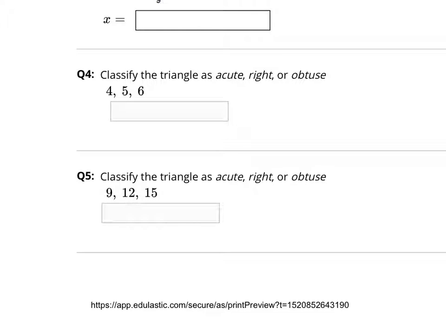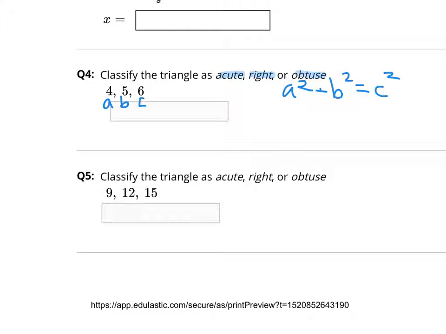Now we want to know if the angles are acute, right, or obtuse. You're going to plug these into the Pythagorean theorem. Remember, the longest leg is always C. This would be C, this would be A, this would be B. So when you work it out, A squared plus B squared equals C squared.